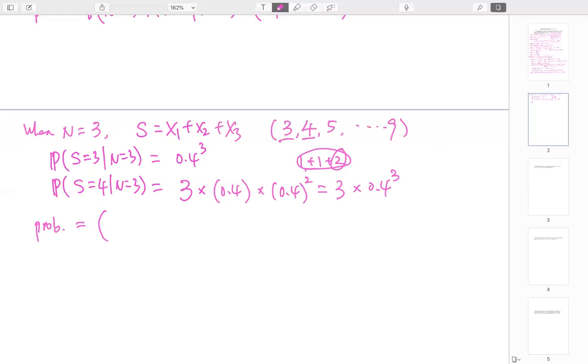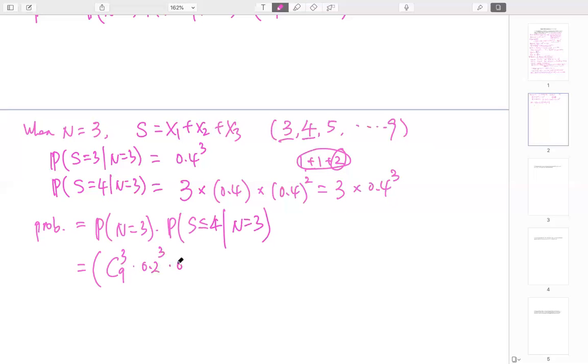It's the probability that, let me write it out. Probability that n equals 3 and the conditional probability that s less than or equal to 4 when n is 3, okay? For at least the first part, you take 3 out of 9, 0.2 to the third, 0.8 to the sixth, right?